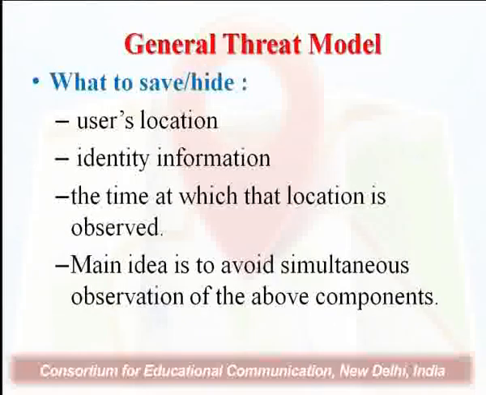That is the actual challenge we are talking about. So are we just trying to save the location of the user, or what are we trying to do? In order to protect privacy, or location privacy more specifically, we need to hide the user's location, identity information, and the time at which the location is observed.